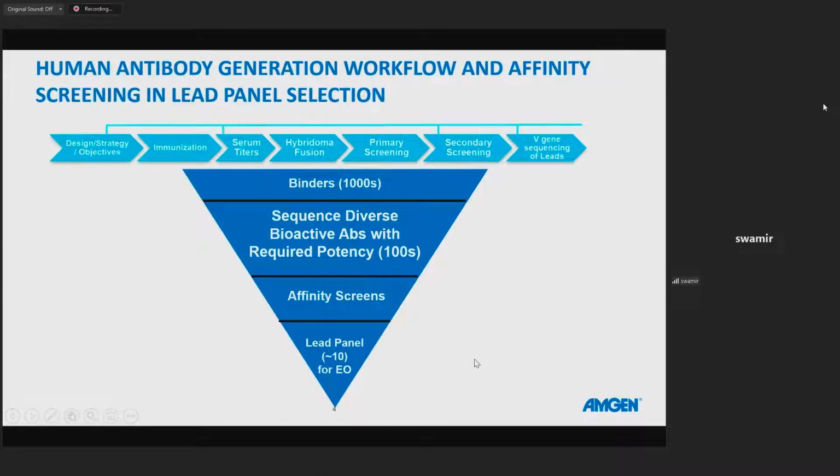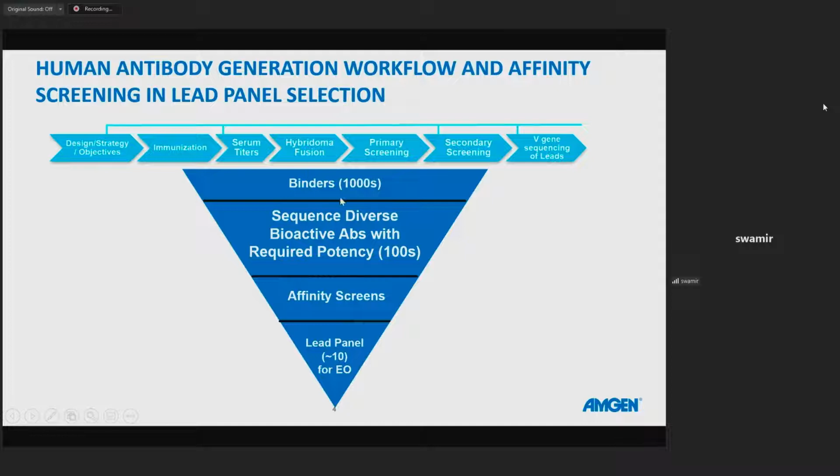When we generate antibody, there is a big screening process. First, we immunize the genomes to generate antibodies, look for titers from the genome's blood, and then select, purify the B cells and make hybridoma.